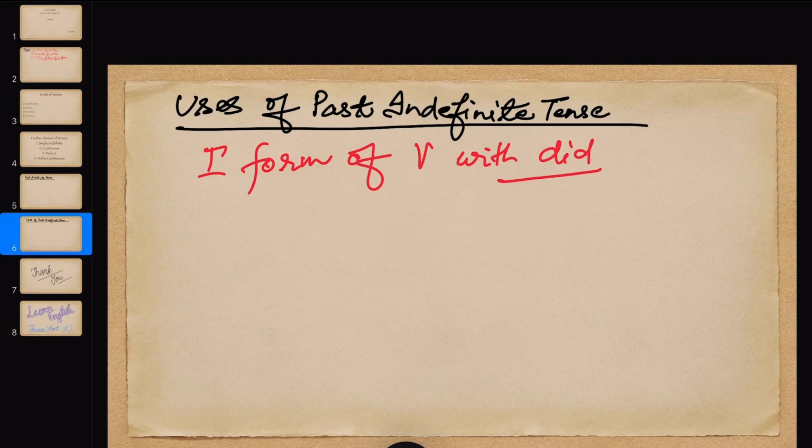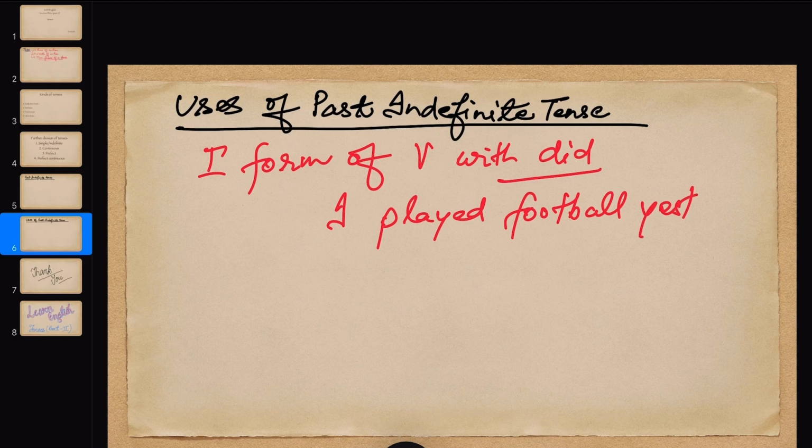So the question form can be changed. Suppose the example was I played football yesterday. So how can it be changed into negative?